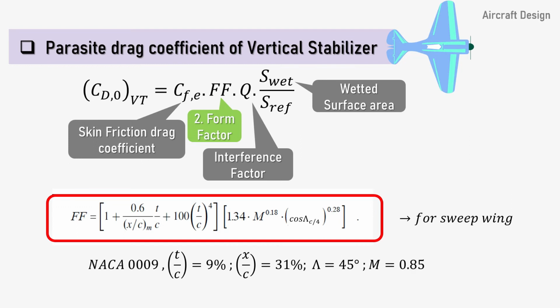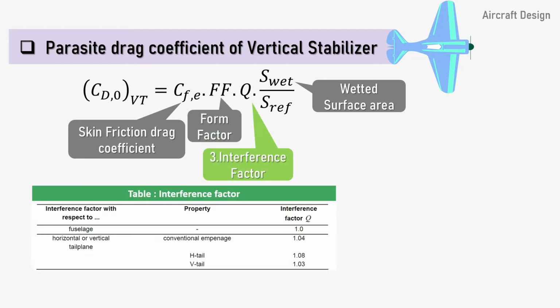After substituting all the values we get the form factor of about 1.209. Then for the interference factor Q for the vertical tail, again based on the reference table, for a conventional tail it is around 1.04.